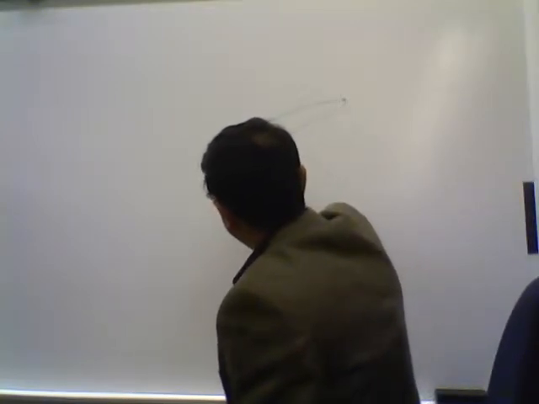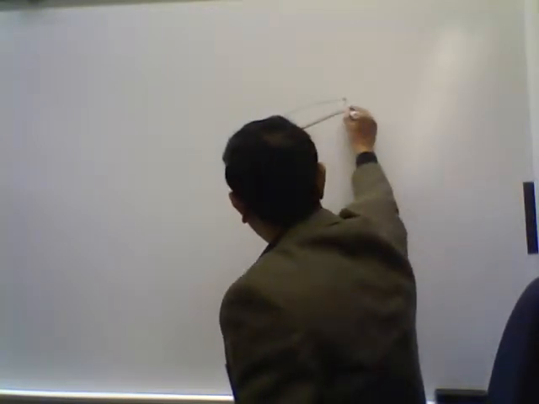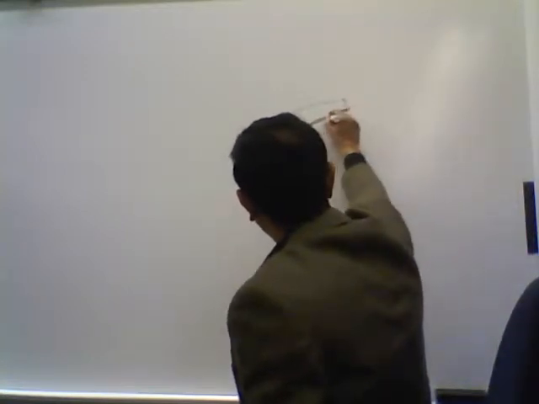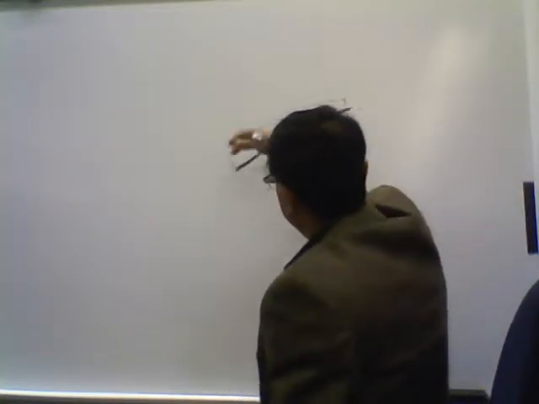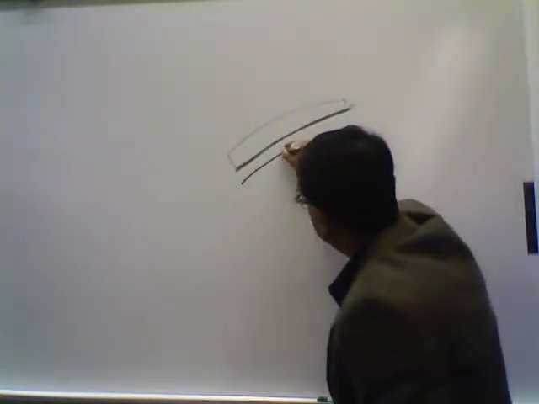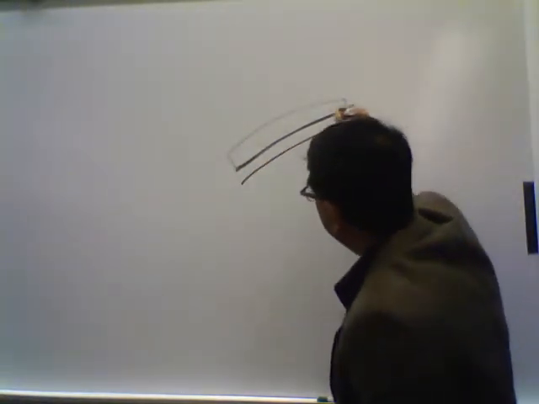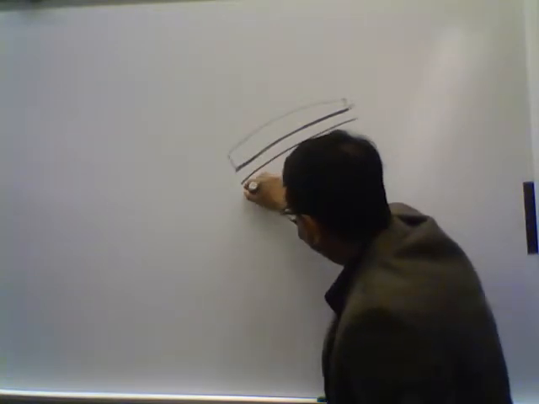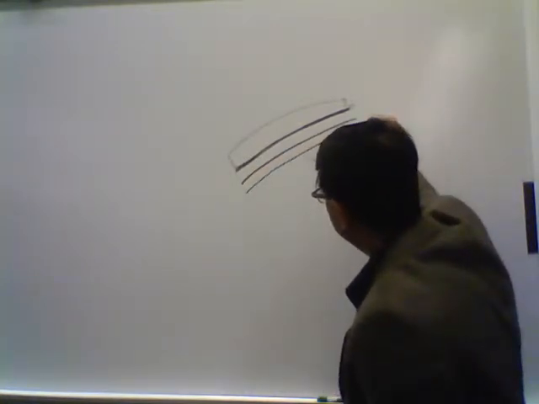Now, this is the skull bone, okay, and the dura mater is a thick connective tissue membrane, the toughest and thickest one. This is the dura mater attached to the inner surface of the bone, and then you have a space, and this is the arachnoid mater, and then you have a space, and this is the pia mater.